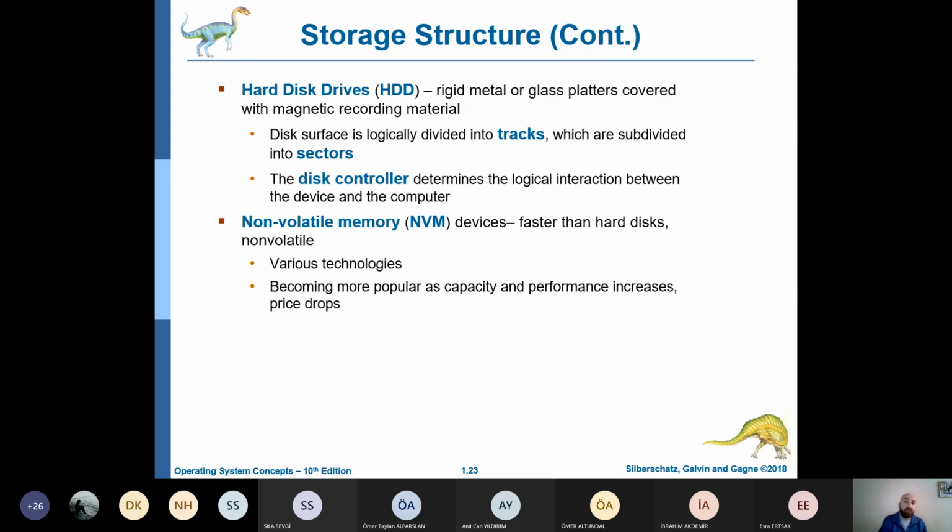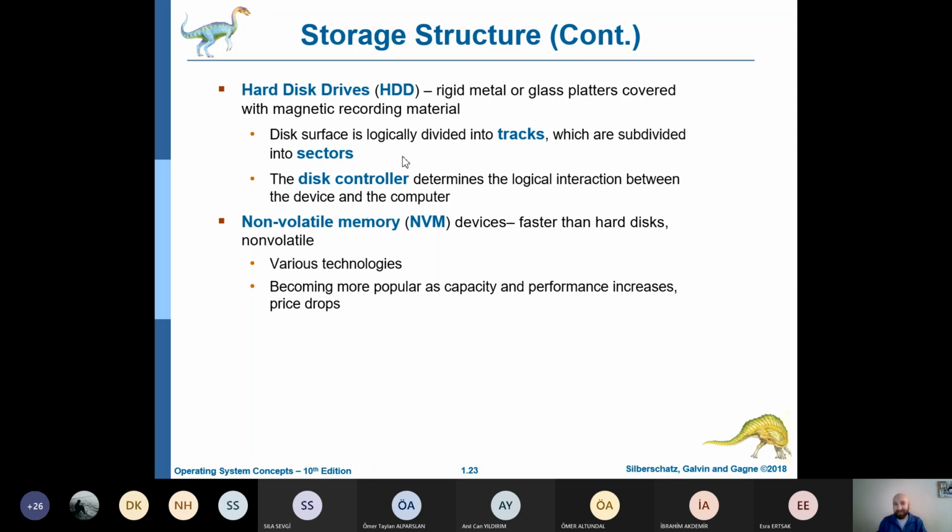Most programs are stored in the secondary storage until they are loaded into memory. So we store our programs on secondary storage. When we want to execute that program, it could be a system program or an application program, it does not matter at that point. When we want to run that program, we have to load it from secondary storage to main memory, and then we can execute it.